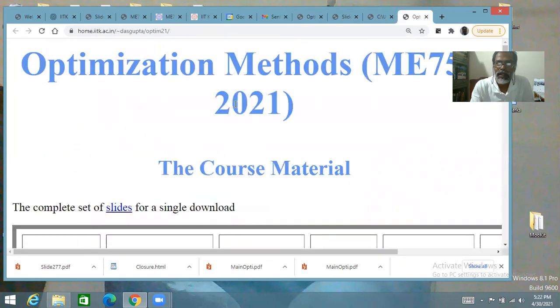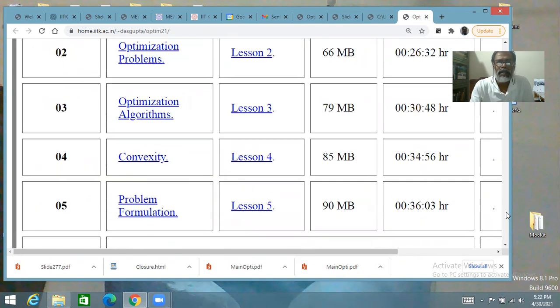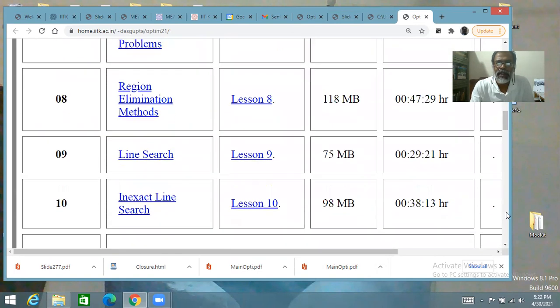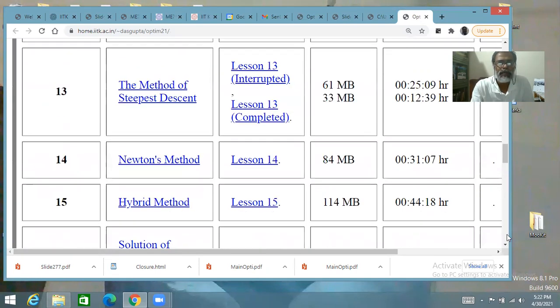Okay, so this is the 2021 material which you have gone through to a good extent. So these are the lectures which I have worked out nicely in this table. Okay, so part 3 is unconstrained multivariate optimization. These are the topics that we have covered till now.